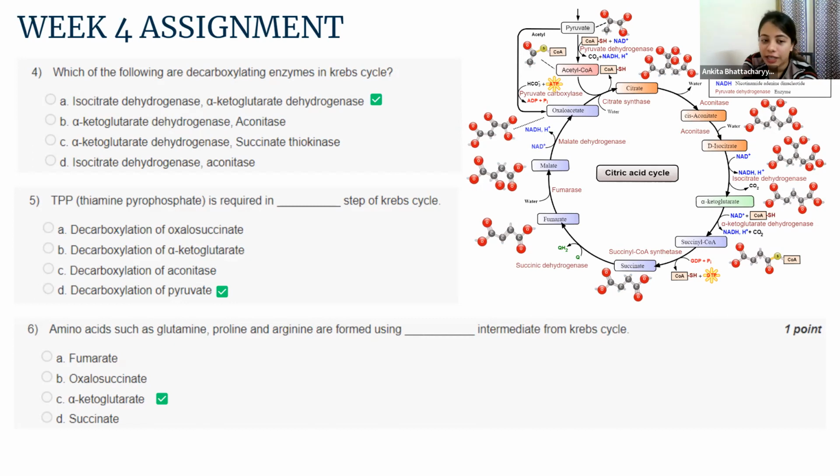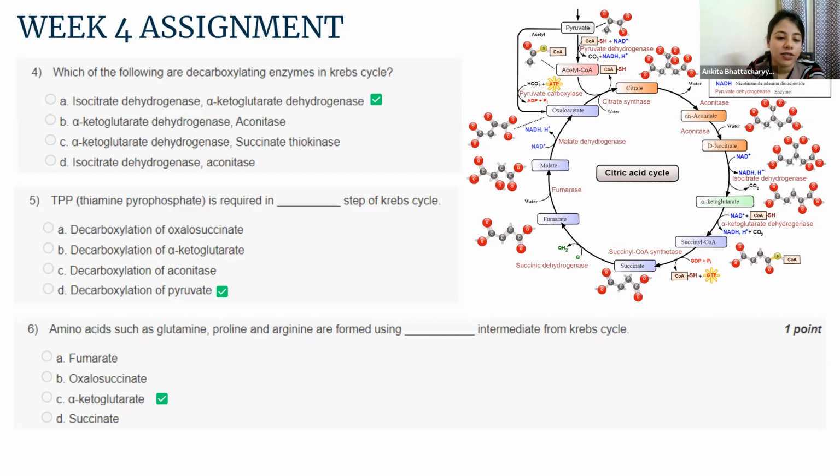While this representation does not have it, if you go back to the representation provided in the original presentation or the lecture notes, you will see that it's involved in the first step, this decarboxylation step that I was talking about with pyruvate dehydrogenase. TPP is a cofactor for this step. So it's involved in this very crucial step of conversion to acetyl coenzyme A, and it's involved in decarboxylation of pyruvate, option D.